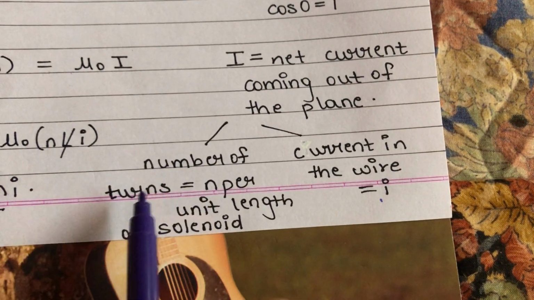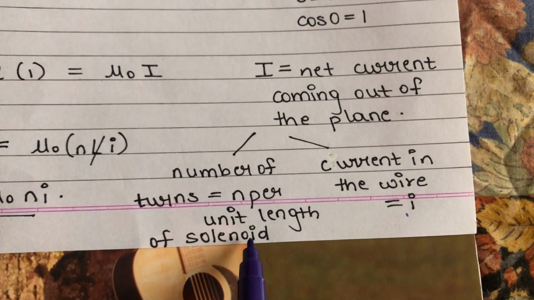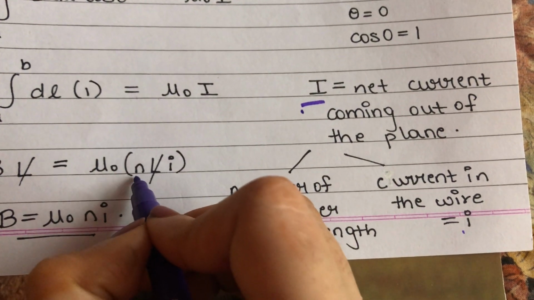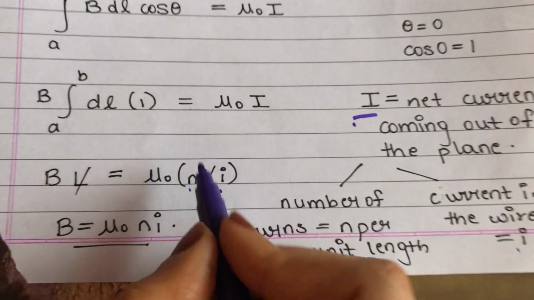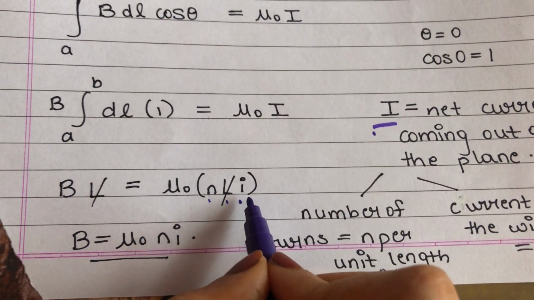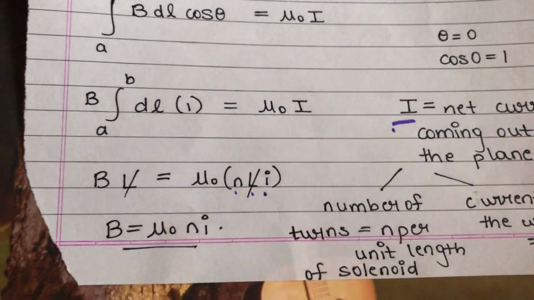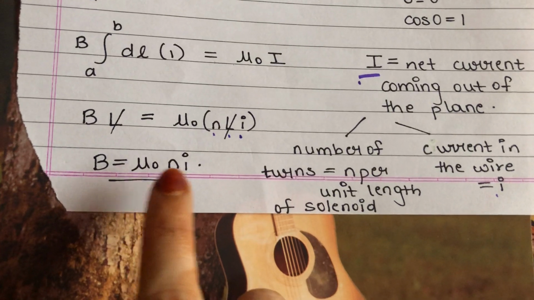So the number of turns is n per unit length of the solenoid. So capital I is equal to n, capital L and i. I'll substitute capital I as n L i. Capital L gets cancelled. So the magnetic field inside the solenoid is equal to mu naught n i.